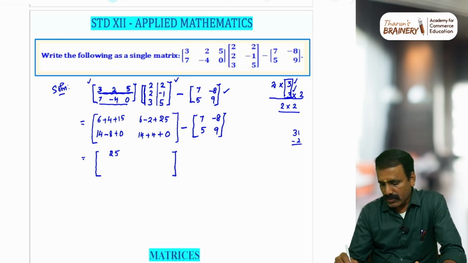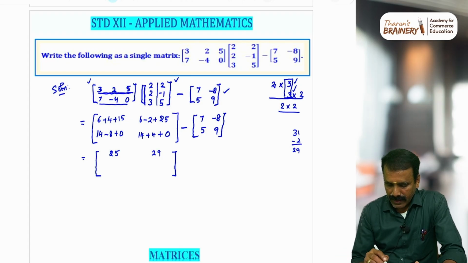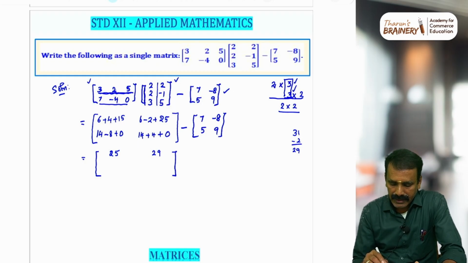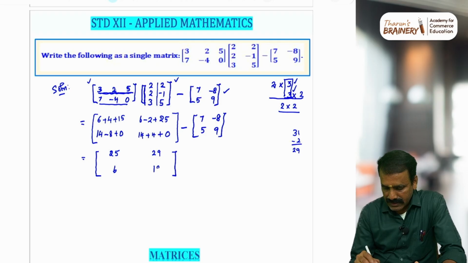Value is going to be 29. Next we are having only two terms. 14 minus 8, different symbol we subtract. Subtract 8 from 14, the answer is going to be 6. Here all are going to have same sign. 14 plus 4 plus 0. So it is going to be 18.